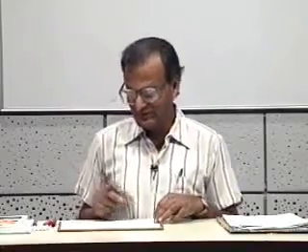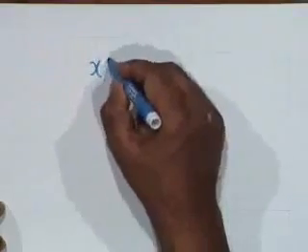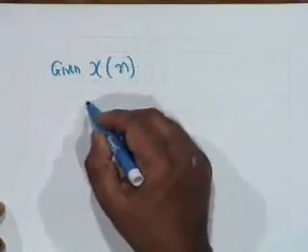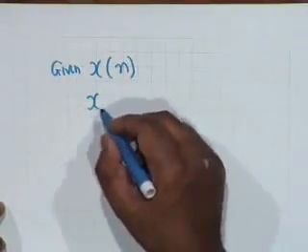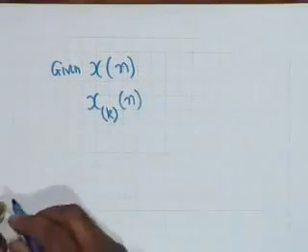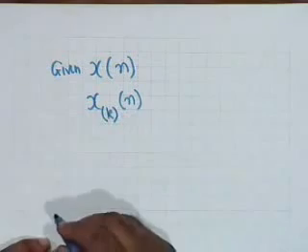All right. So we have to modify the definition of stretching and compression a little bit, and to that end we define a sequence. Suppose we have a sequence x of n, then we define a sequence x subscript k of n.